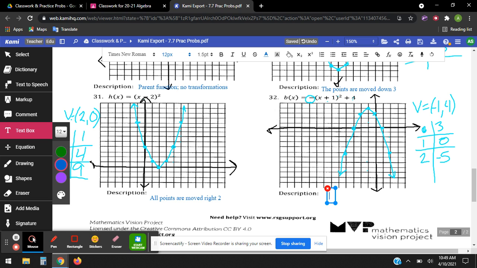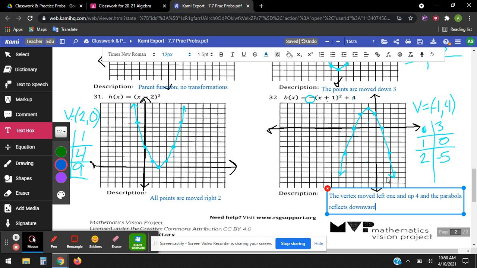Okay, so the description. The vertex moved left 1 and up 4, and the parabola reflects downward. Right? Oh, you know what? We better make sure we do order of operations.